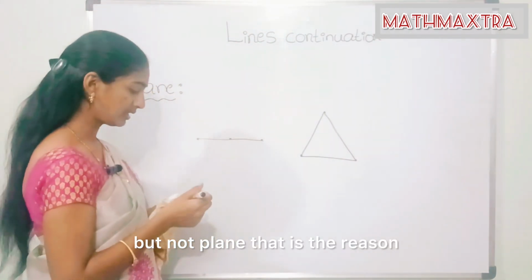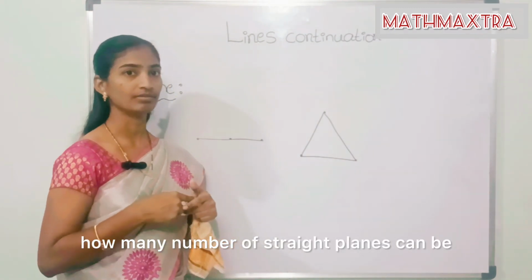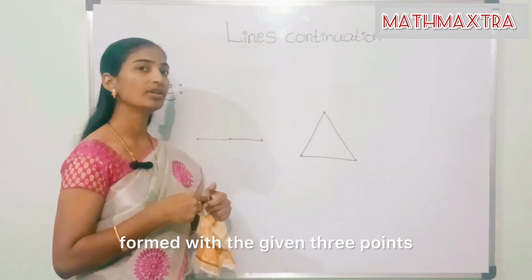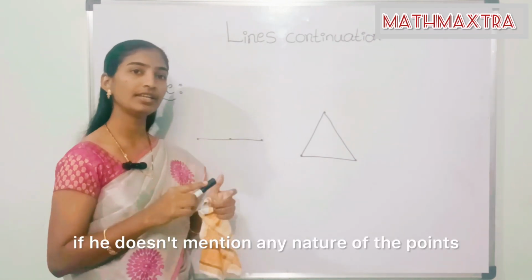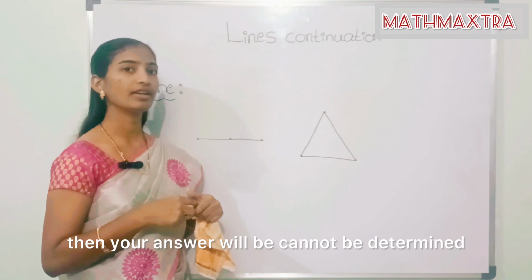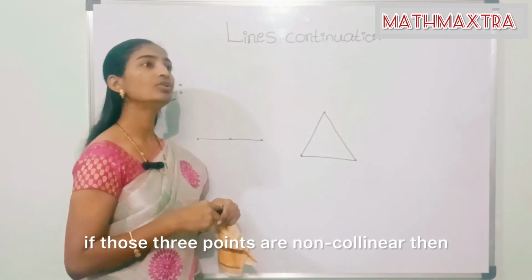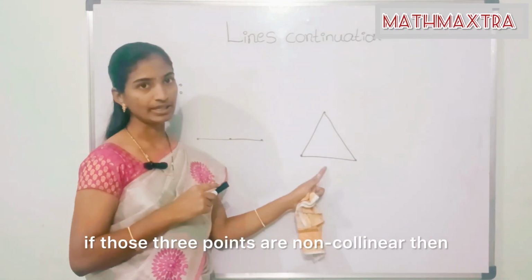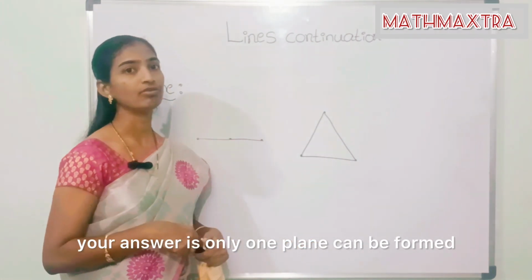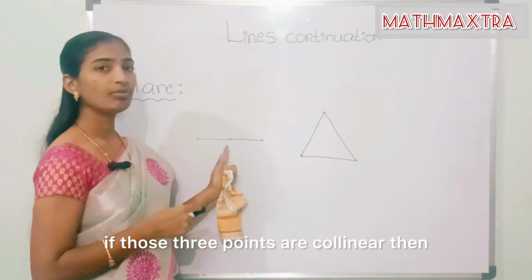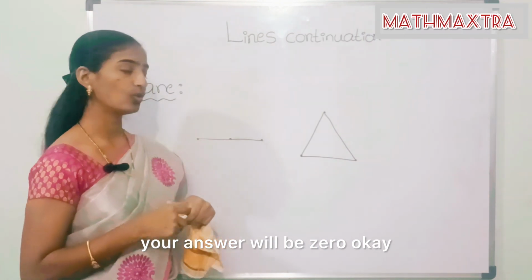That is the reason if the question is how many planes can be formed with the given 3 points, and he doesn't mention any nature of the points, then your answer will be cannot be determined. If those 3 points are non-collinear, then your answer is only one plane can be formed. If those 3 points are collinear, then your answer will be 0. Okay.